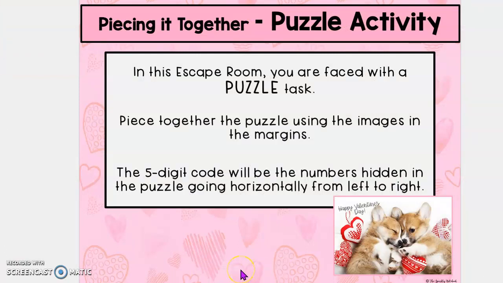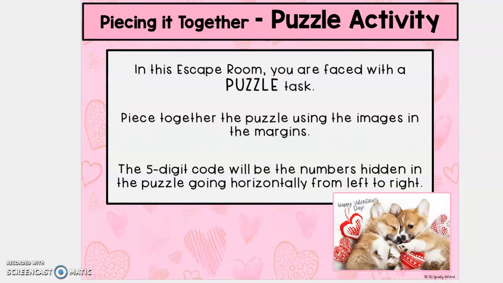So for this one, you're going to piece together the puzzle, and you can use the image here to give you a hint on what it should look like. Once you have the puzzle put together, you're going to see that some of the puzzle pieces have numbers on them, and you're going to be going across to find your 5-digit code.